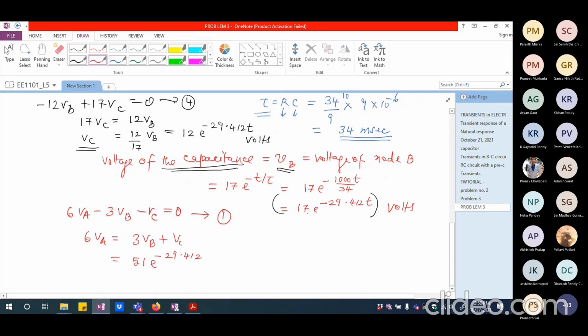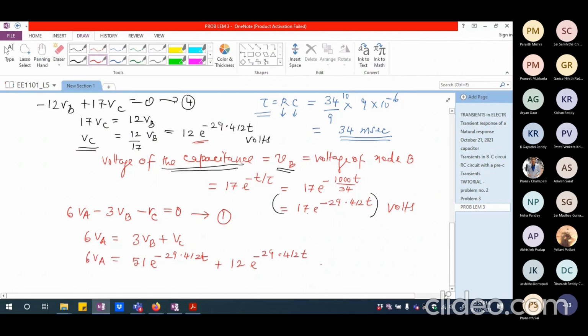29.412 T. And VC is the same as 12 multiplied by whatever we got here, e power minus 29.412 T. This is equal to 6 VA.